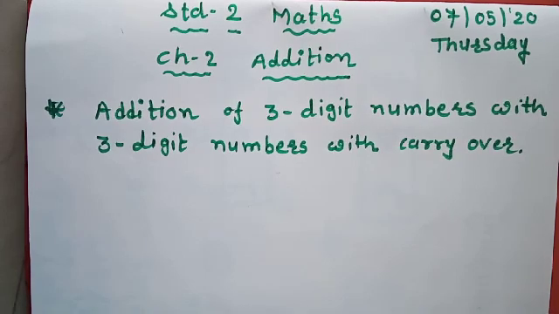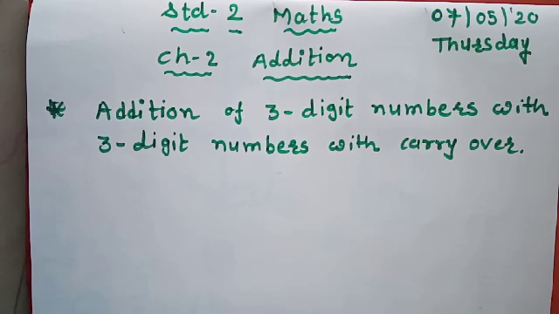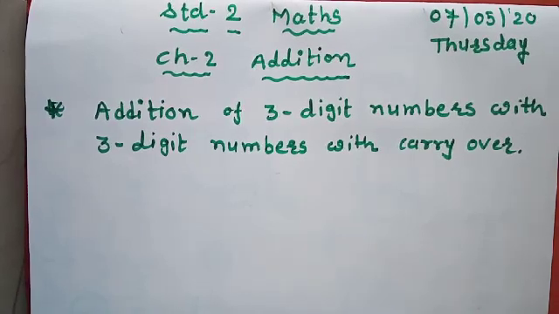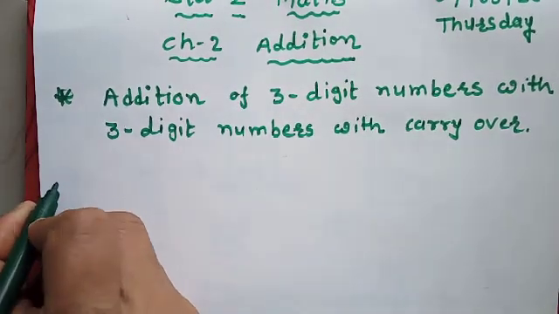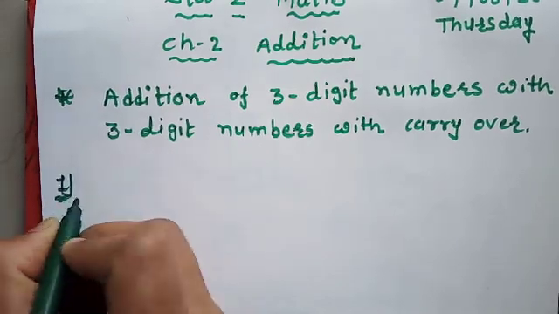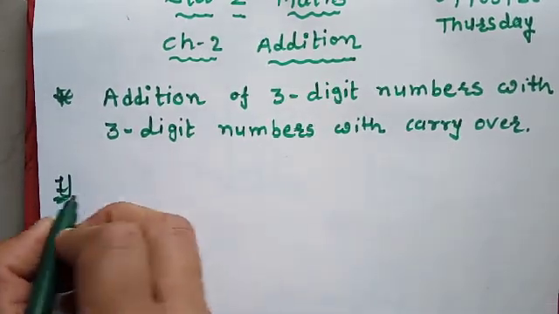And the third property is addition with 1, right? If we add 1 to any number, we will get the next number in the answer, okay? So let's start today's topic, okay? And I will explain this method while giving a few examples, okay?